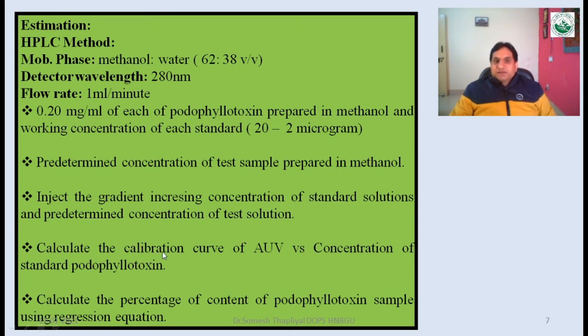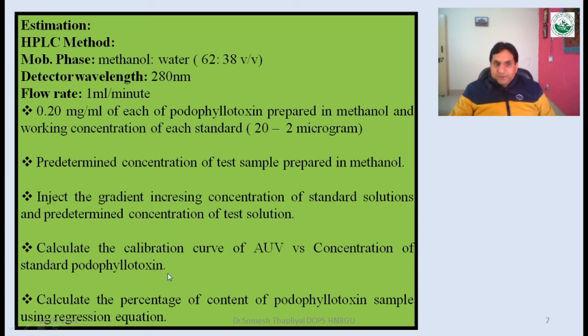concentrations by the calibration curve of area under curve. So this will be AUC, area under curve calculations. It will be AUC, area under curve, versus the concentration of standard podophyllotoxin.